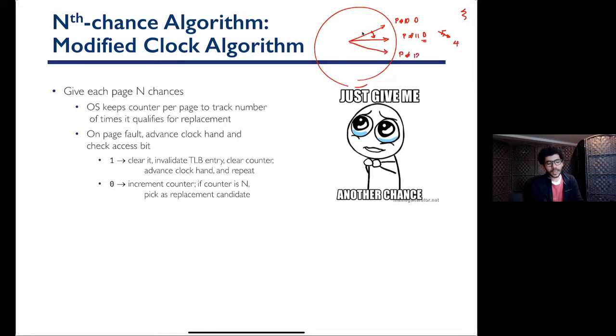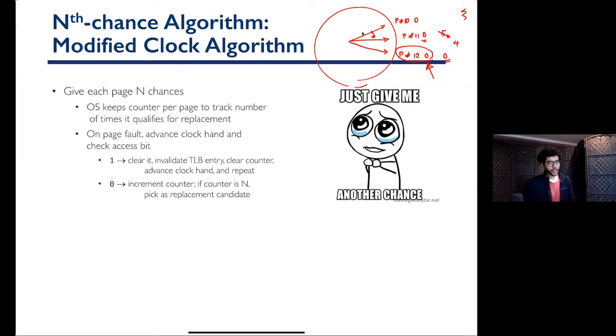Now, let's say the next page's access bit is also 0, and the tracking value is also 0. This means that this guy has used all of its chances, whatever number of chances we have given it, and it still hasn't been used. So then we pick this one as our victim, and we evict it.